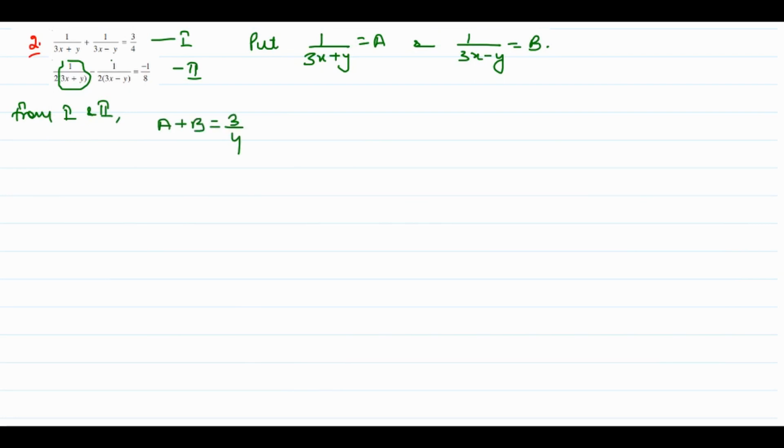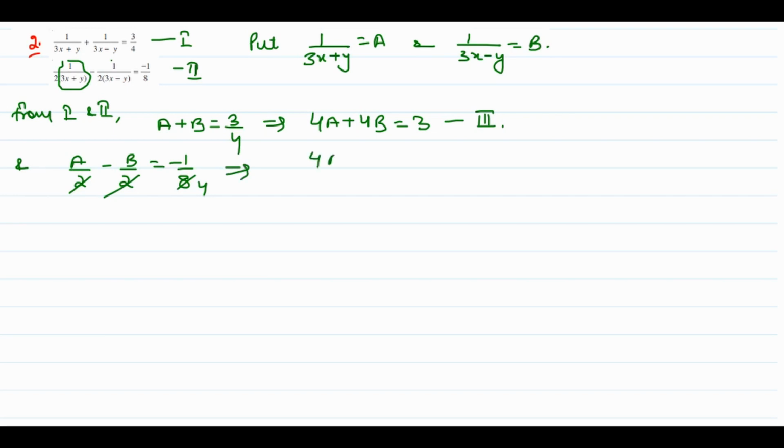Just to ease things further, we can cross multiply. So 4a plus 4b is equal to 3. Let this be equation 3. And a upon 2 minus b upon 2 is equal to minus 1 by 8. I can cancel this 2 throughout and then cross multiply.